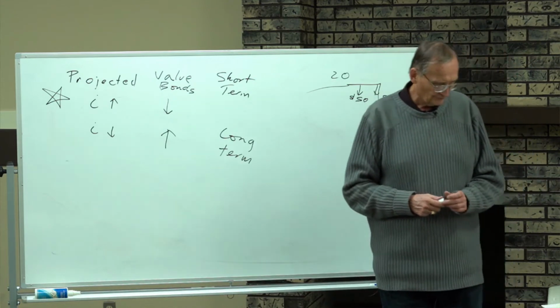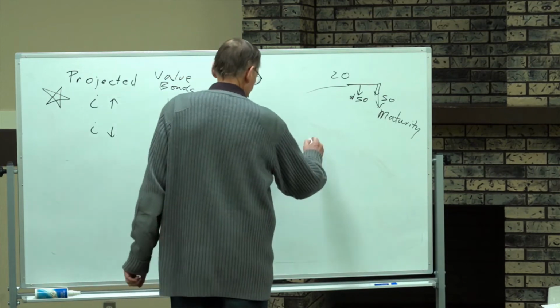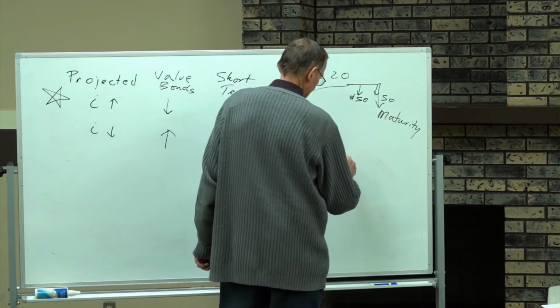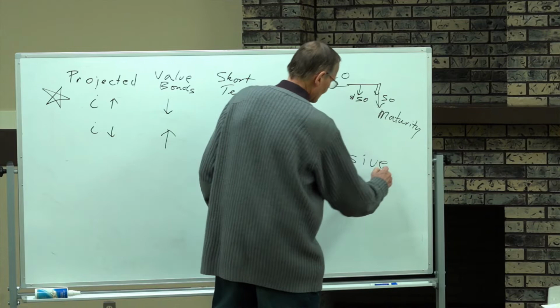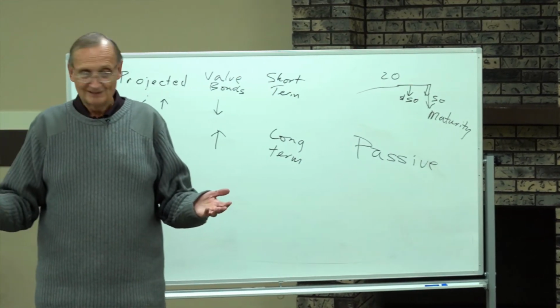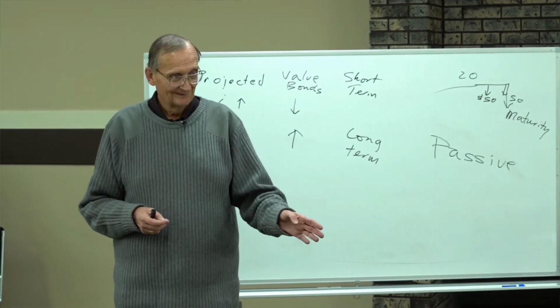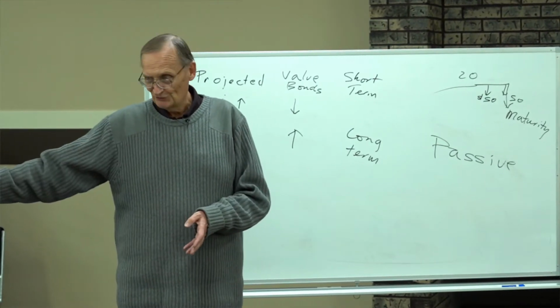2, passive strategy. Passive strategy. What's passive mean? You're not doing anything. So passive strategy is you buy the bond and you sit on it for 20 years.